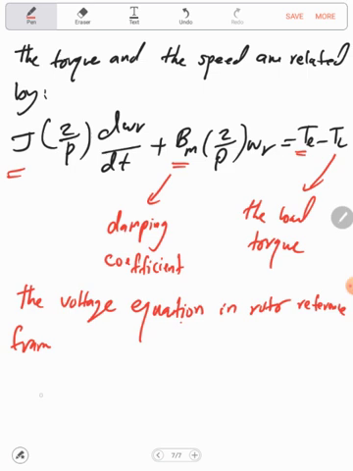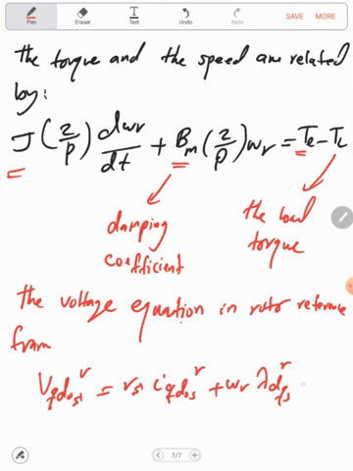So in the same fashion, we will find VQD0SR, which will equal RS IQD0SR plus ωr λDQSR plus d/dt of λQD0SR.